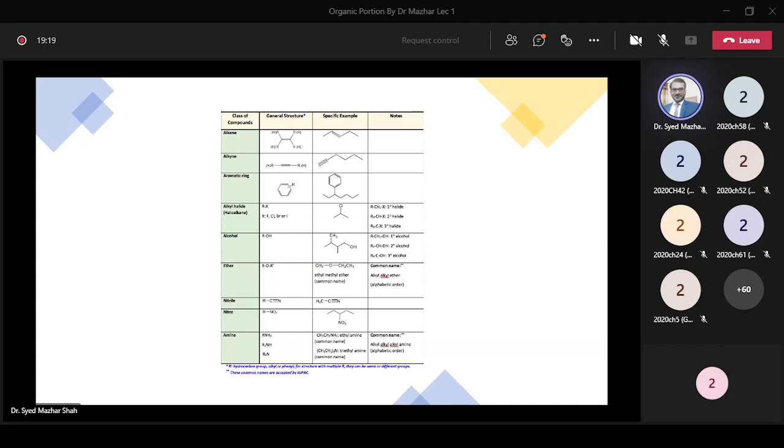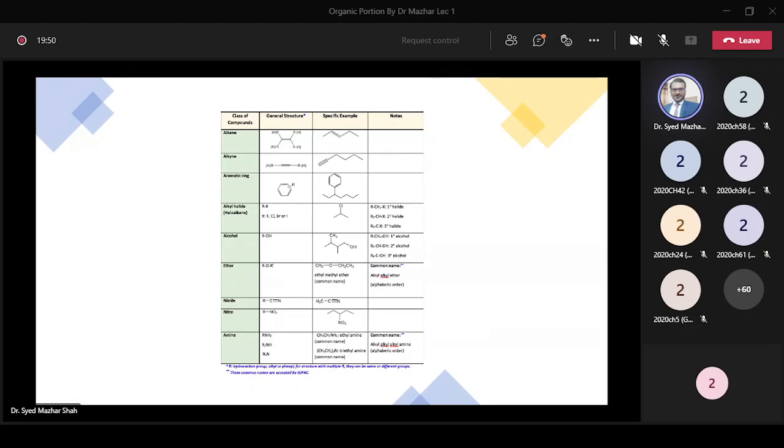Is there any difference between an aromatic group and cyclic alkenes? Sir, they have a ring-shaped structure, and sometimes they have resonance. Okay, is there any difference between cyclic alkenes and an aromatic ring, or cyclic alkynes and an aromatic ring?